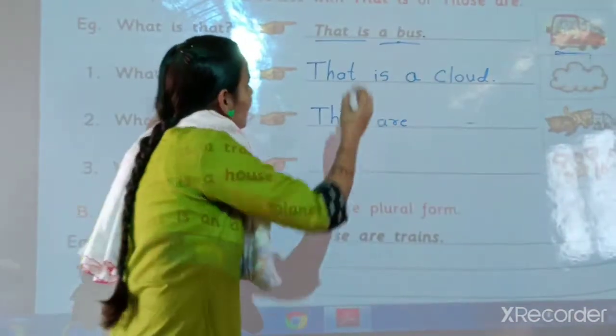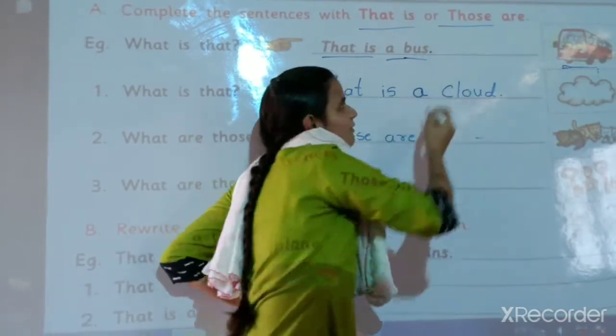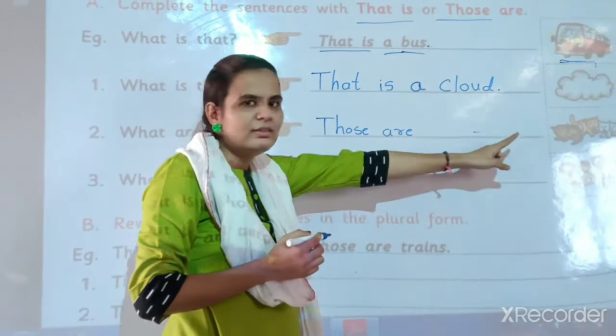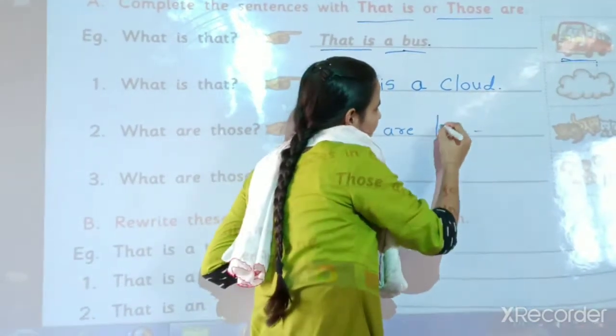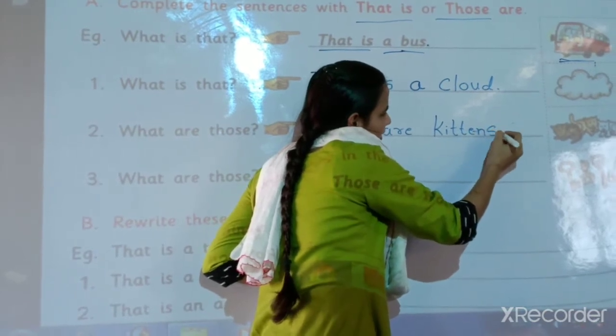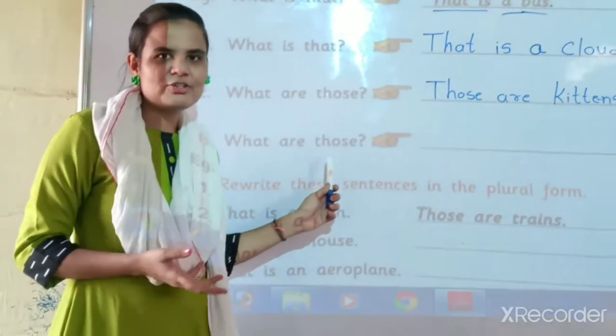See students, our sentence is saying that if it is singular you have to use that is, and if it is more than one we have to use those are. So we write kittens, K-I-T-T-E-N-S, and we will put a full stop. Okay. So the remaining one you can solve on your own.